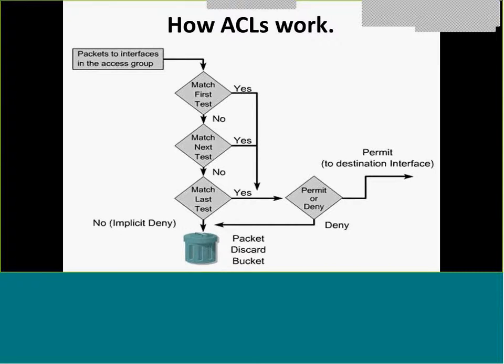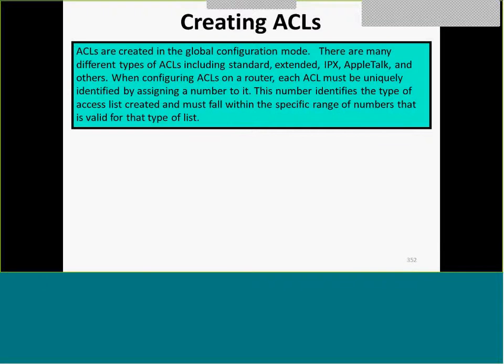ACL works, as I already explained the concept. It will match the source and destination address. If the source and destination address are permitted, it will let the packet go to the next statement. If we have 3-4 ACL statements, it will go through each test, and on a match, it will drop the packet.